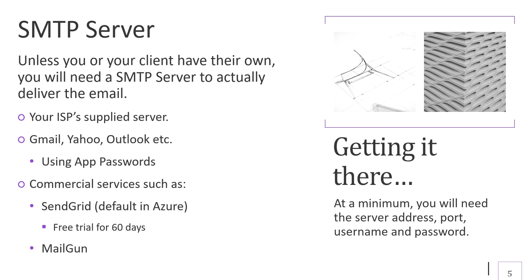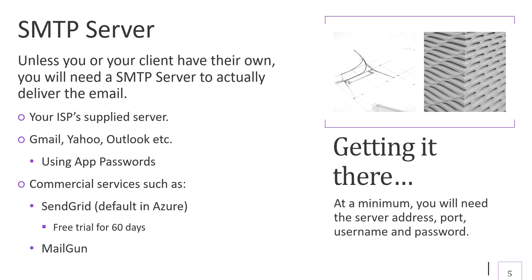By the way, the default in Azure is SendGrid itself, and you can sign up for a free trial. Just be aware that the free trial is limited to 60 days. Now, I believe Mailgun doesn't have a time limit on their free trial. So that's another option you can explore in the future. I think what they do is they just limit how many emails you can send and different things like that as well. So there are a number of choices and approaches you can take, right?